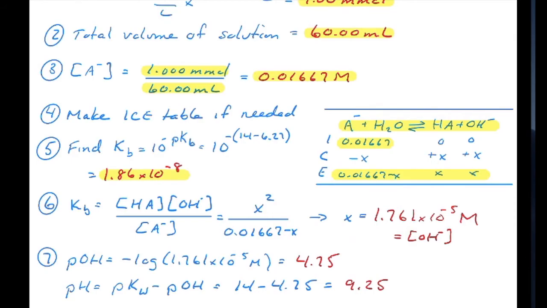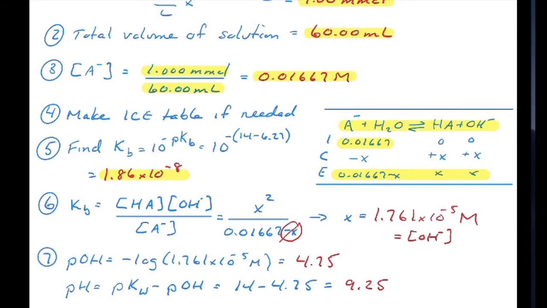So Kb equals the concentration of HA times the concentration of OH minus divided by the concentration of A minus, which ends up being x squared over the concentration of A minus minus x. But if you remember, we can ignore this x in the denominator because our Kb value is really small, and the value for x is not going to change the concentration of A minus in this case. If we subtract x from 0.01667, we're essentially going to end up with 0.01667 again.